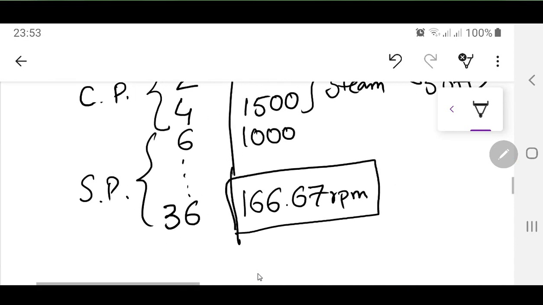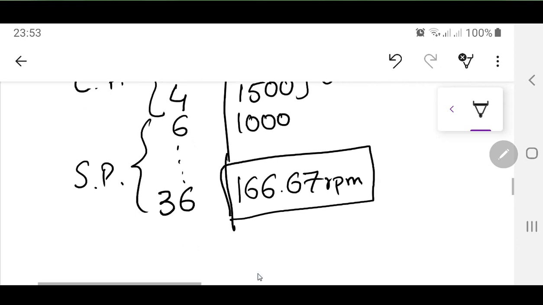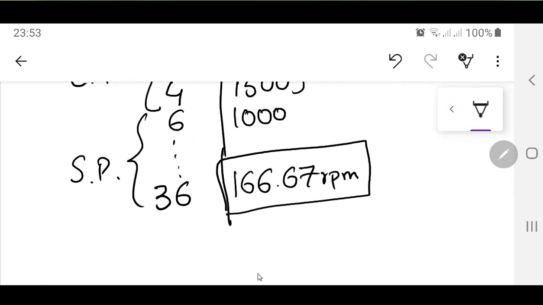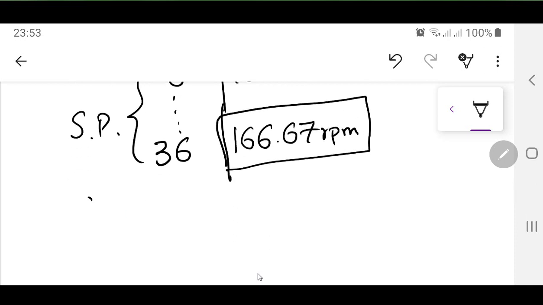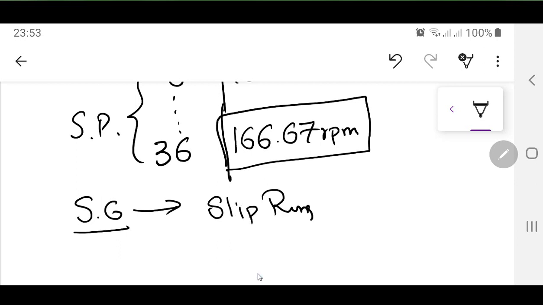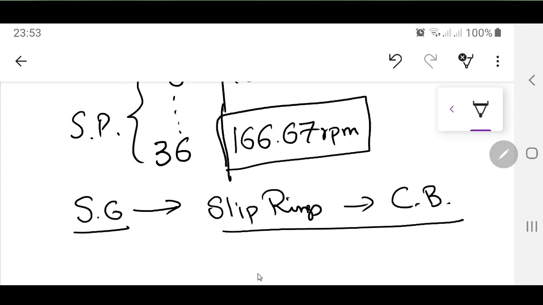Now before I move on towards the equivalent circuit, the next problem is this, that a synchronous generator still has one big problem, which we discussed at the very start: you require slip rings, and with those slip rings, you have carbon brushes which are constantly sliding.